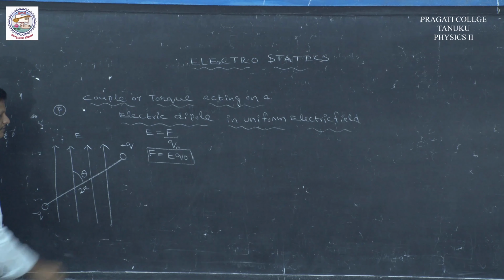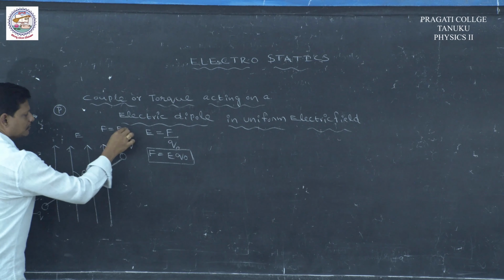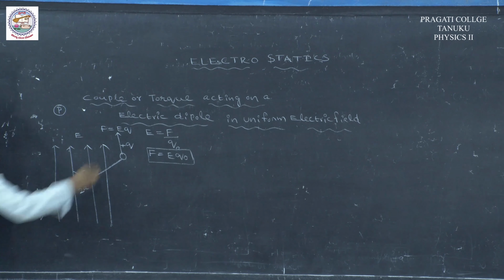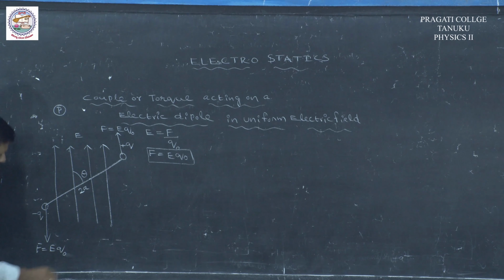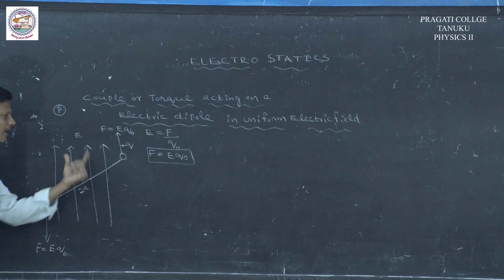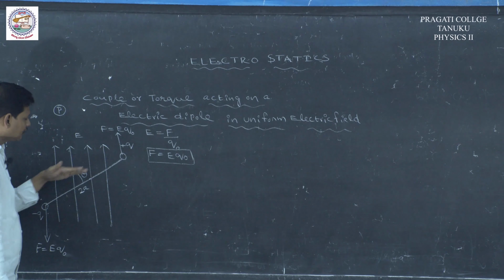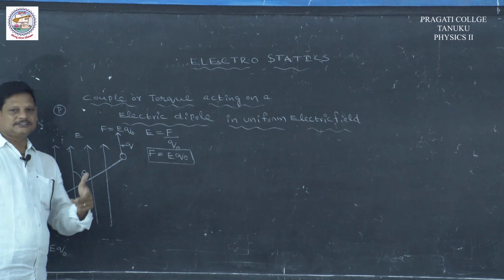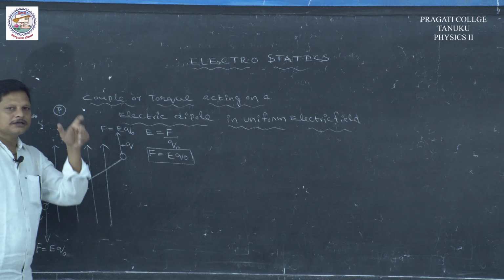Here plus q is acted upon by a force F equal to Eq in the direction of the field, and minus q also experiences a force F equal to Eq opposite to the field. So the dipole experiences two forces in opposite directions. Then we conclude that when a body experiences two forces in opposite directions, they constitute a couple or torque.